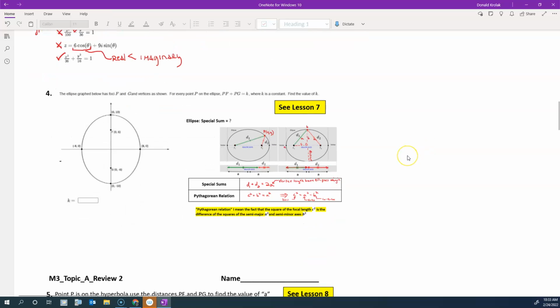Okay, anytime you add up these two, so if I picked a point on here, let's say I just picked a random point P. If I drew this distance, that's P to F, and then I drew the distance from P to G, that's P to G. What does that have to add up to?